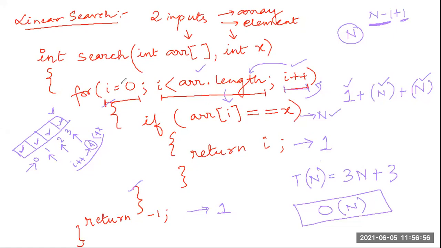Fine. And if my answer is true in any of the iterations, I will return that location. My answer can be true only one time, because this is not the code for duplicate elements. I am showing the single-element linear search algorithm. A separate code is there for duplicate elements.